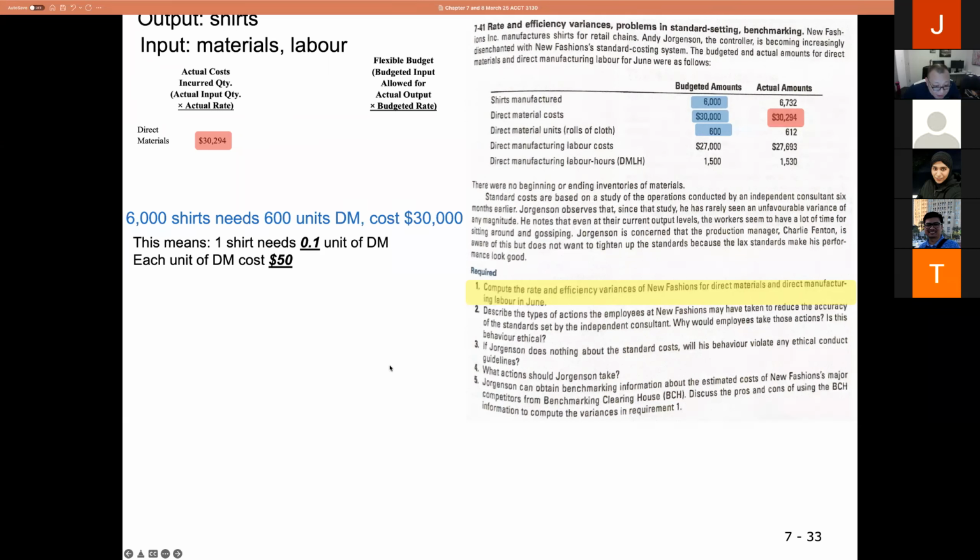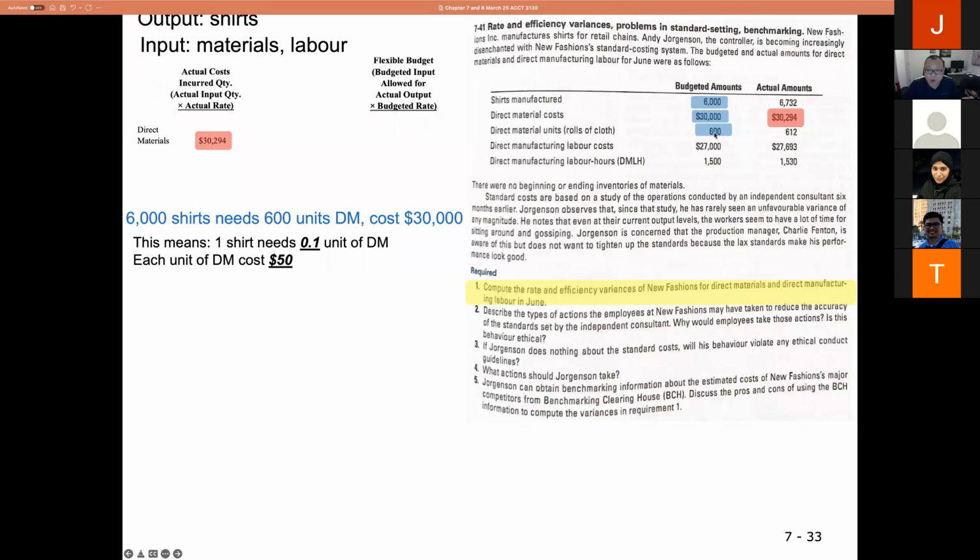So the student is exactly right. Who gave me the answer? Sorry, who just answered my question? Makiko here. Oh, thank you. Yeah, you are absolutely right. So you use the input 600 units, that's the rolls, divided by the output 6,000. That equals 0.1. So that's how much input for 1 unit of the output. And then the total cost is 30,000, and the number of rolls is 600.